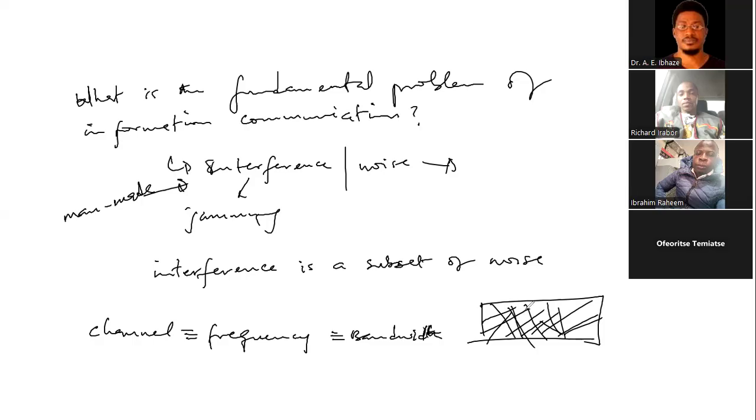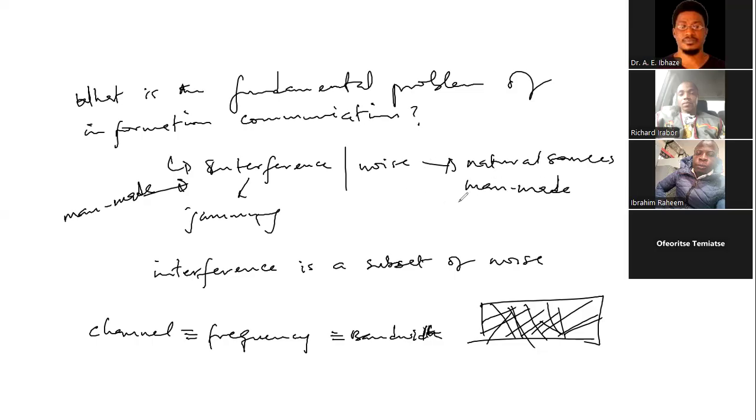And the fact that they interact now makes the channel noisy. But noise is some kind of random electrical signal. And this could come from either natural sources or they could be man-made.